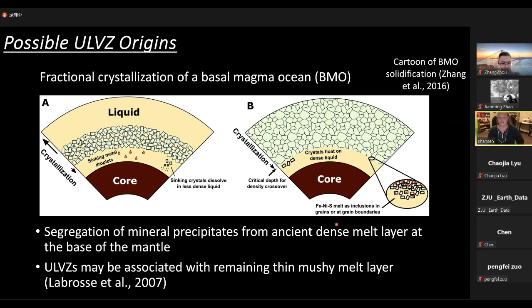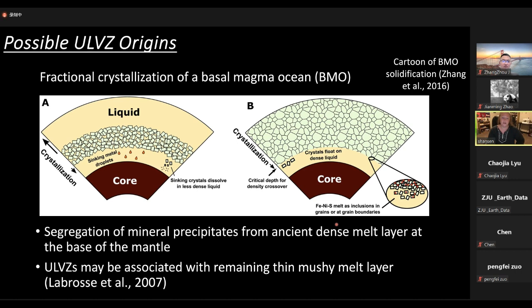It was not focused on ULVZs, but I thought it was a nice cartoon to try to illustrate the concept. So the idea behind this basal magma ocean, or BMO, is that very early in Earth's history, there was a magma ocean, or a layer of magma deep in the mantle above the core. So this is a very ancient reservoir of material.